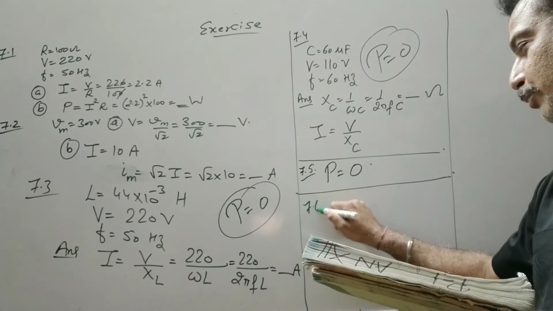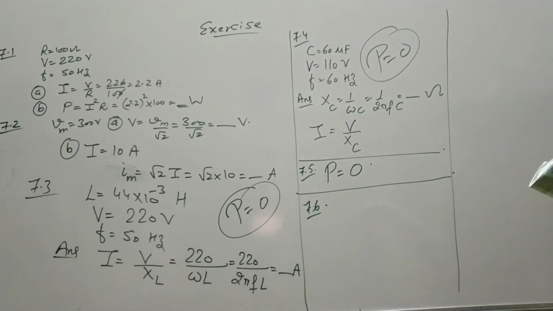Now come to 7.6. Obtain the resonant frequency of a series LCR circuit with L, C and R given. Also, what is the Q value of this circuit?